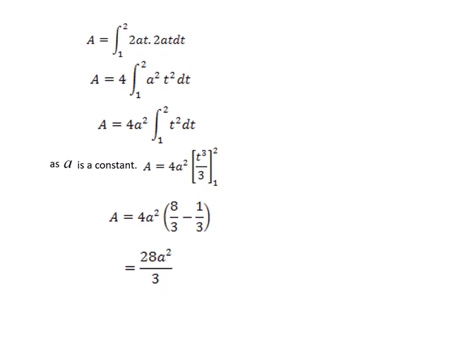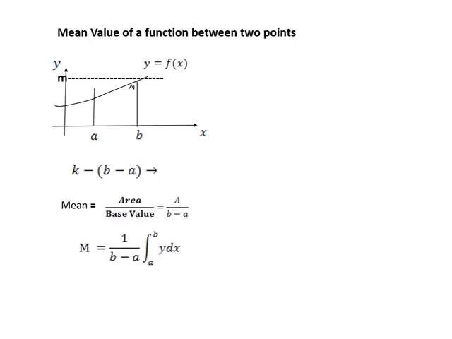So that's about the example on area beneath the curve given in parametric form. So now we move to another unit, which is the mean value of a function between two points. It's another subtopic here.